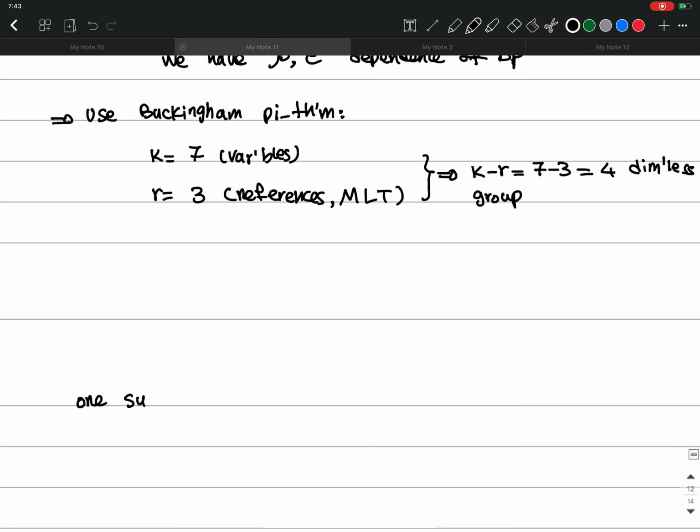One such parameterization is as follows: delta P over 1/2 rho V square equals a phi function of what?